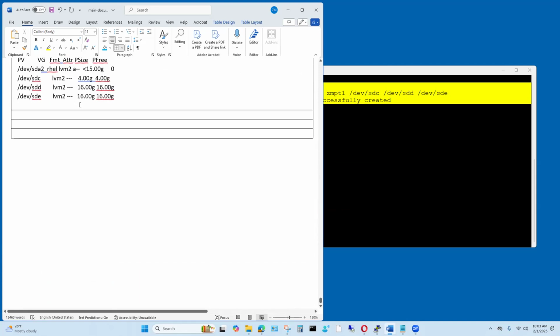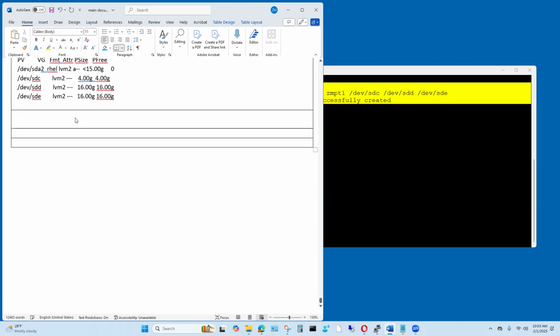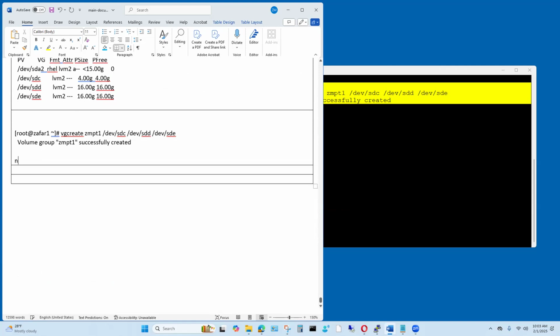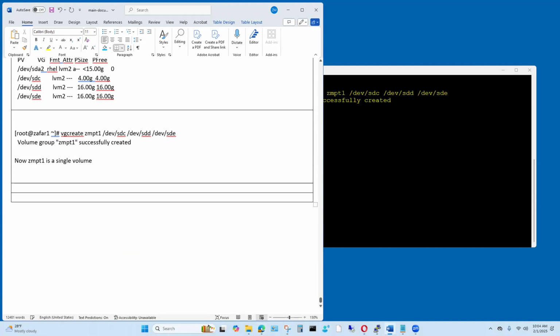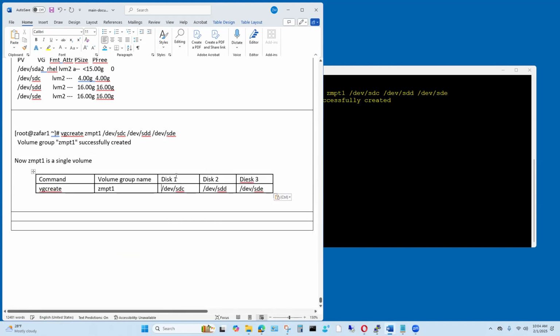So here, now ZMPT1 is a single volume. Okay, so disk one, disk two, disk three, these are all a single volume now.